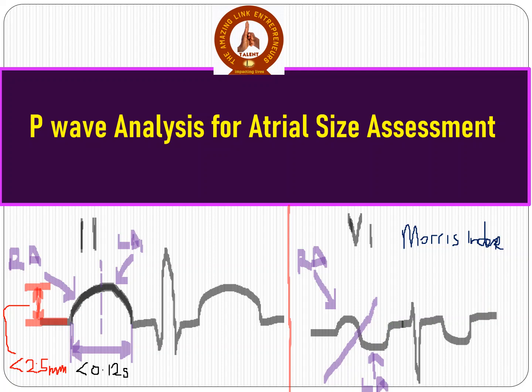So let's look at how it is assessed. We look at the duration, call it X, and the depth, call it Y. So Morris index is a product derived as X times Y. Normally this product is less than 0.03.